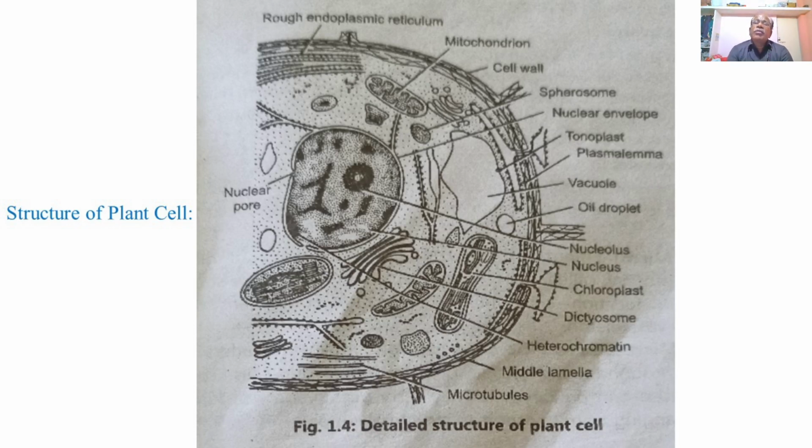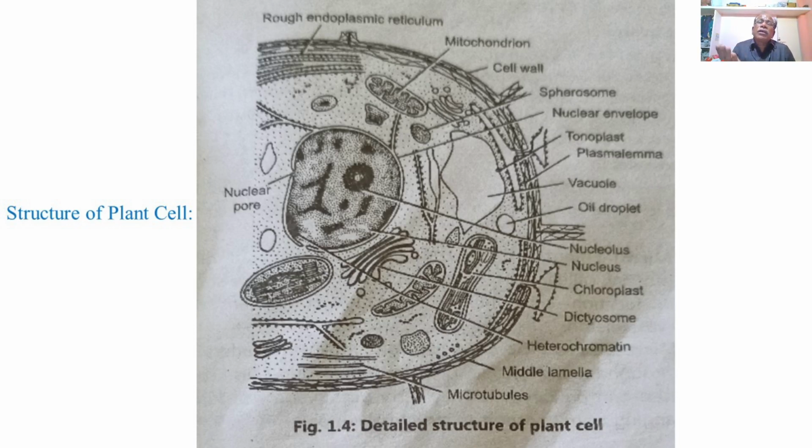which is semi-permeable. The cell wall is an important outermost protective covering composed of cellulose with pores or micelles. Then just inside the cell wall, there is a cell membrane.